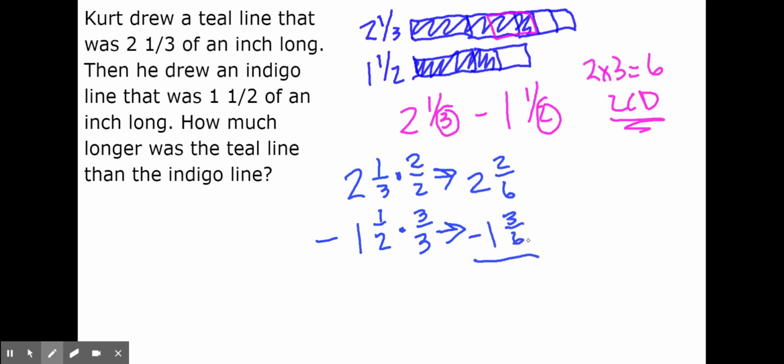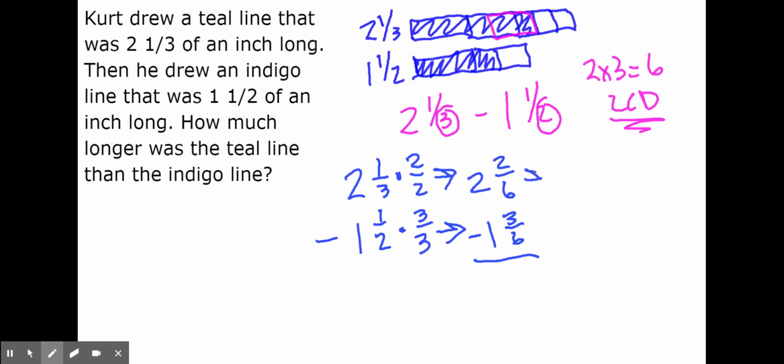So I can subtract. Well, I can't take 3 from 2, so I need to regroup this before I subtract. Just like when we're regrouping in subtraction, we can regroup whole numbers into fractions. But instead of going into tenths this time, I'm converting one of these 2's into sixths.